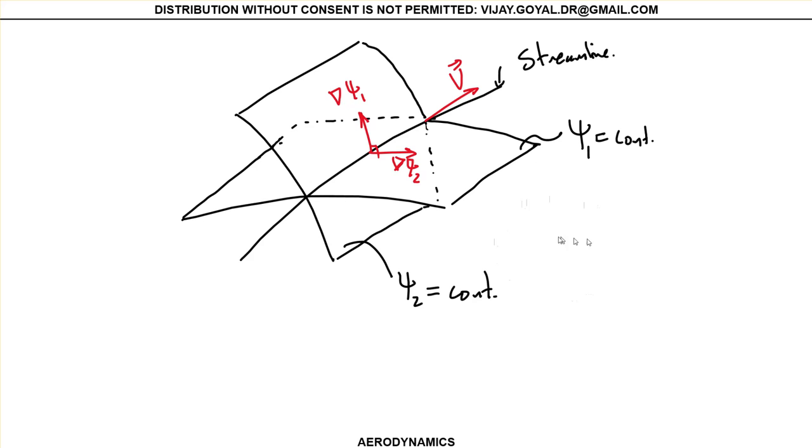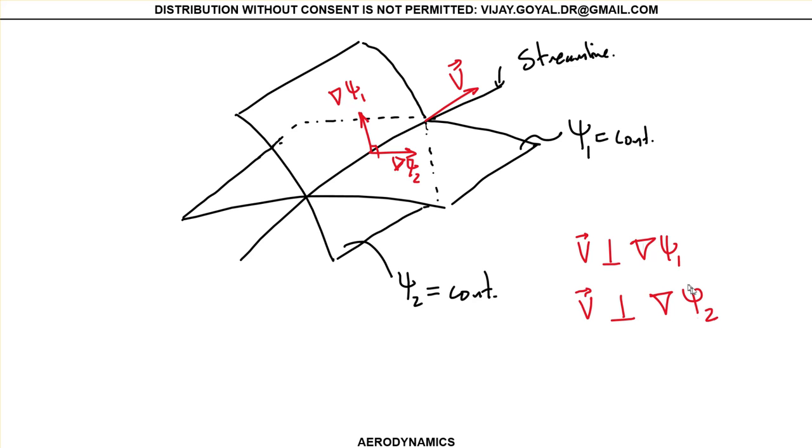What we can see here is that your velocity vector is going to be perpendicular to the gradient of psi 1, and also your velocity vector is going to be perpendicular to the gradient of psi 2.